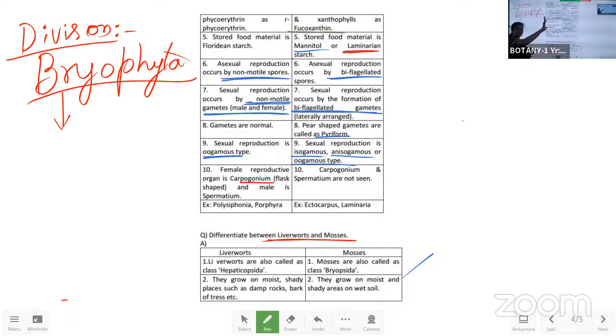That means they are living in the water. What we said, brackish water, marine water, fresh water, all are aquatic in nature. The smallest organisms, otherwise the biggest organism, but those are aquatic. They cannot live without water. But the bryophytic organisms have started their life on the soil. So these are the amphibians of the plant kingdom.